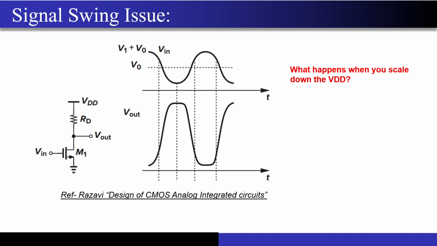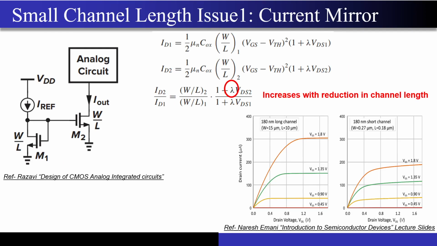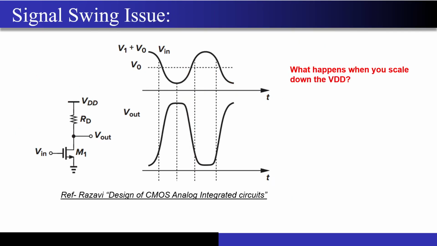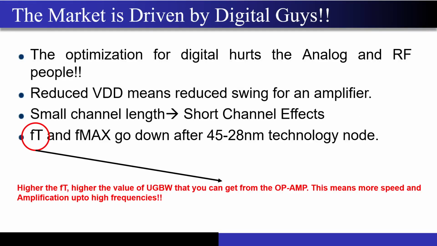Now the ultimate trade-off, if you want a direct answer, let me go back to the slide, just give me a second. Yeah, so the ultimate trade-off will be this number, the UGBW number. If you try to increase the channel length a lot, then FT will degrade. I have not written the formula for FT over here, but FT will actually degrade if you increase the channel length.